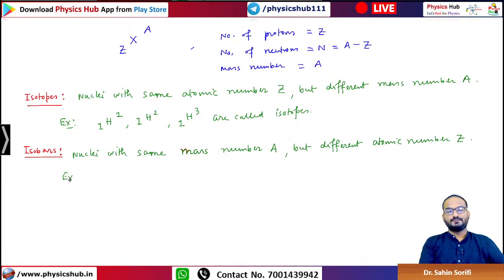For an example, in the case of oxygen 8O16, and if you take 7N16, both have the same mass number, so these are isobars.